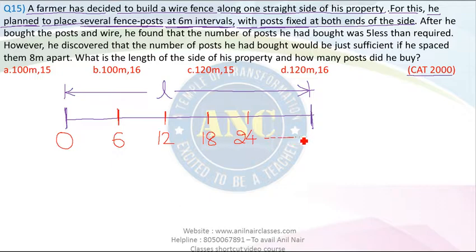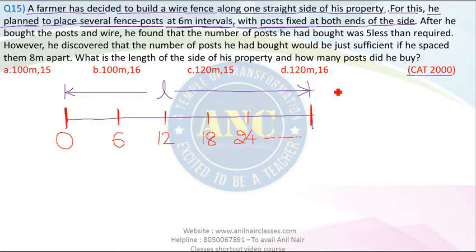Like that he wants to keep a post at every interval of 6 meters, and the last post also should be there at the corner. Starting at the 0th position also there should be one post. That is what the farmer actually planned for.